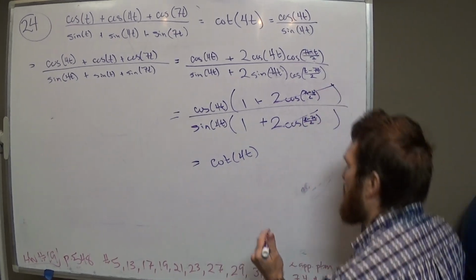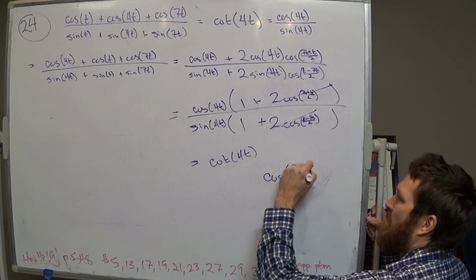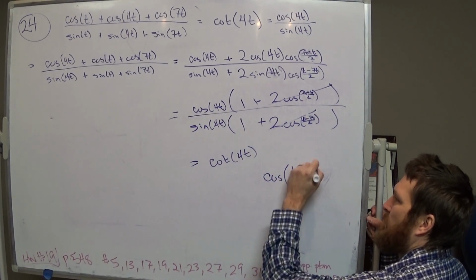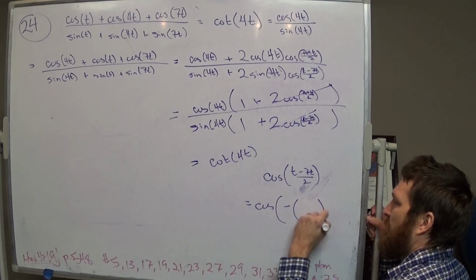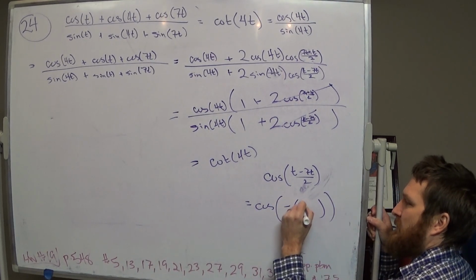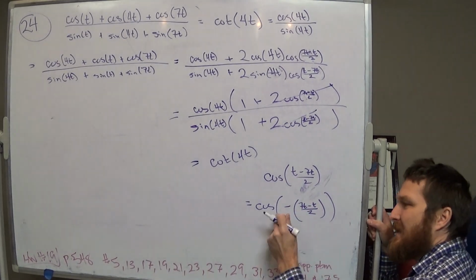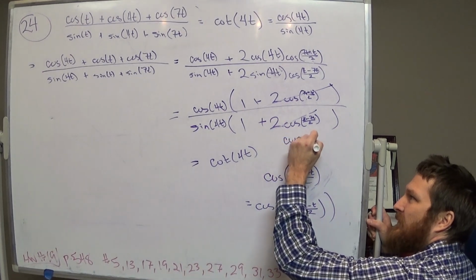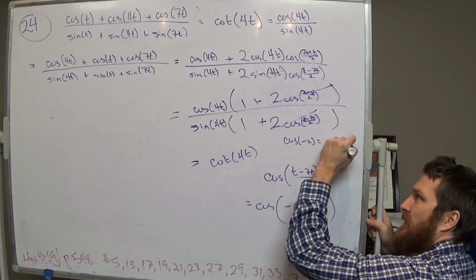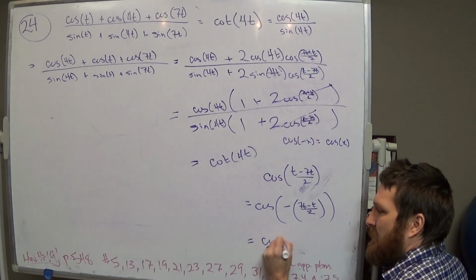Cosine of t minus 7t over 2 is the same thing as cosine of negative 7t minus t over 2. Like I just had on the board, cosine of negative x is equal to positive cosine of positive x. And so you'd say, that is equal to this thing.